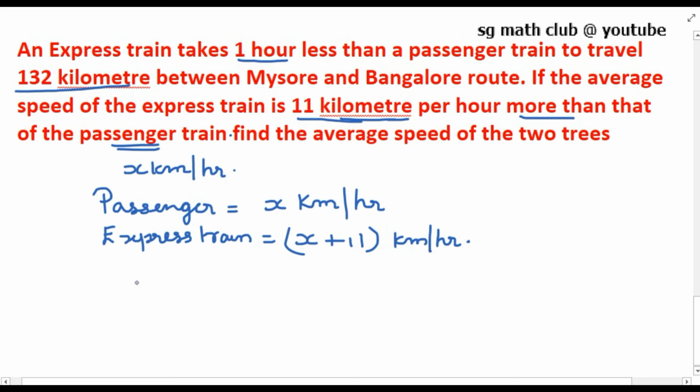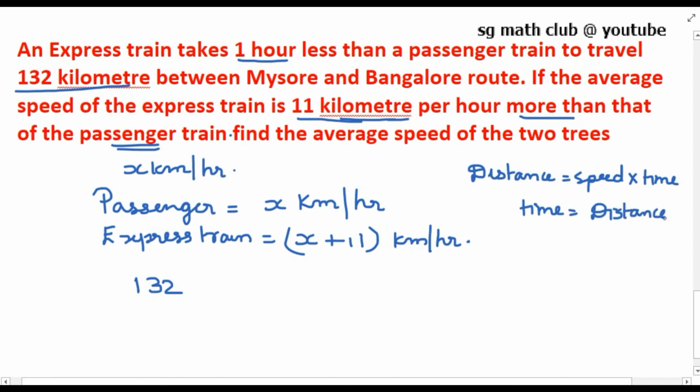So for the passenger train, 132 is the distance, and we know the formula: distance is equal to speed into time, or time is equal to distance by speed. So we are going to use this formula.